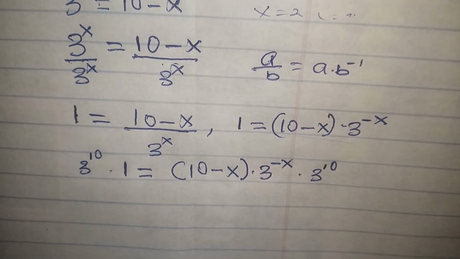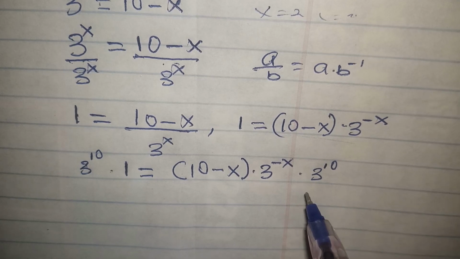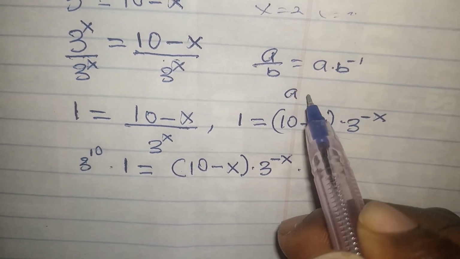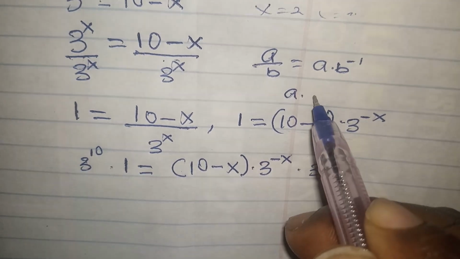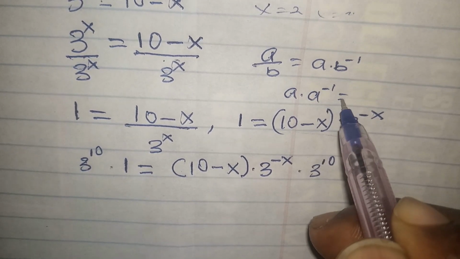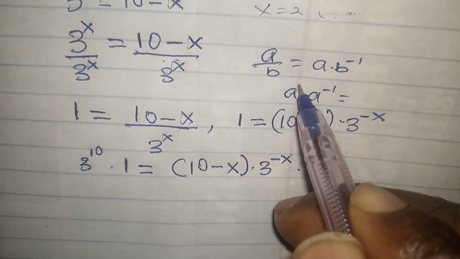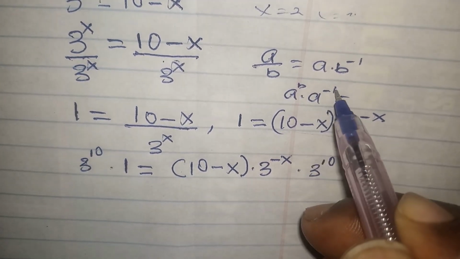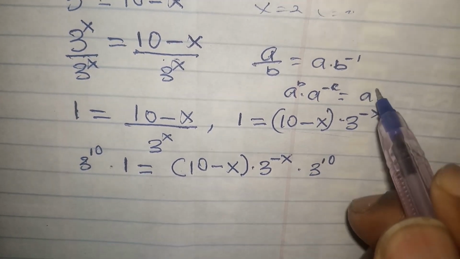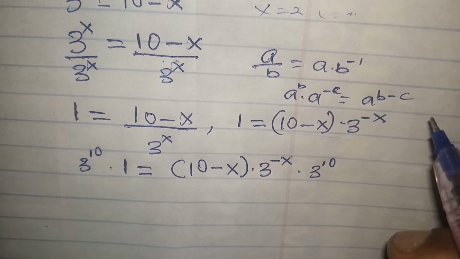Okay, from here we are going to apply a rule which says a to the power of b times a to the power of minus c is also equal to a to the power of b minus c.